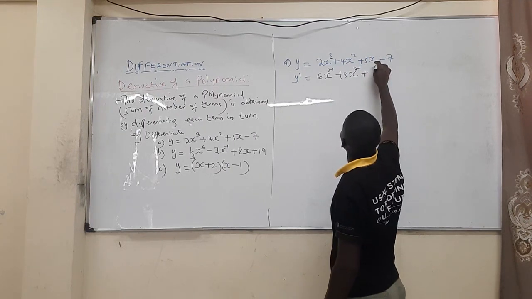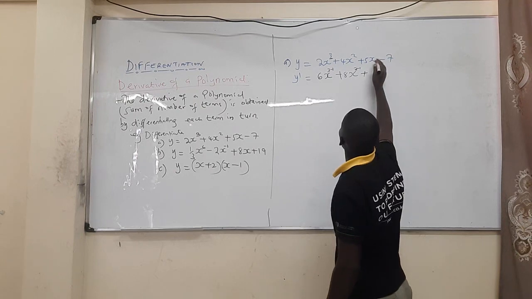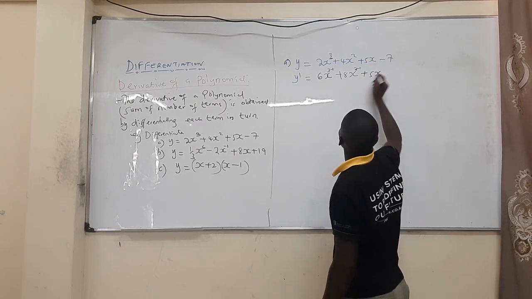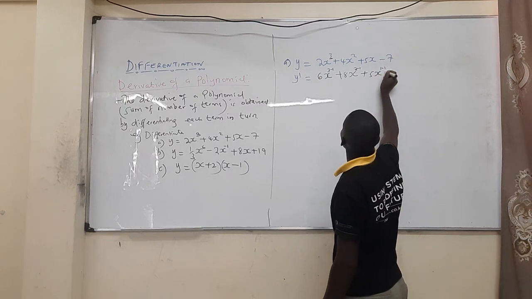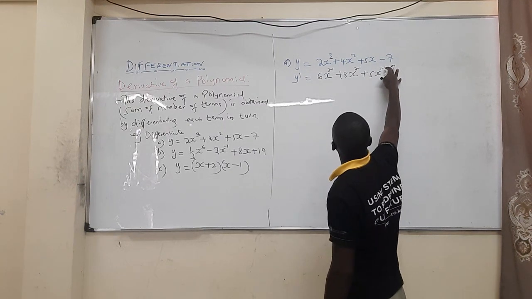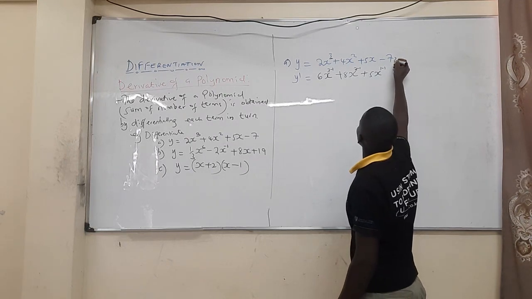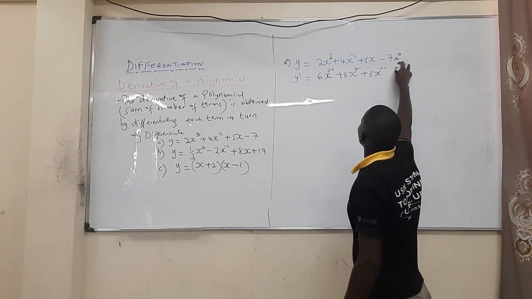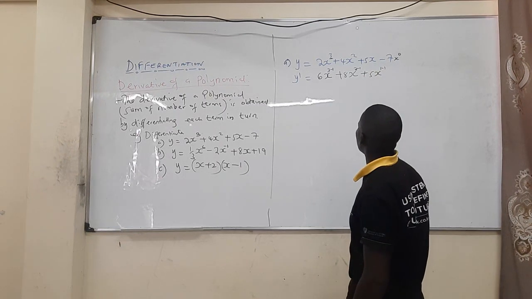plus 5x, this is x power 1, so 1 times 5 is 5, x power 1 minus 1. Then a constant does not have a power, that is the x here is power 0, so 0 times the number is 0.